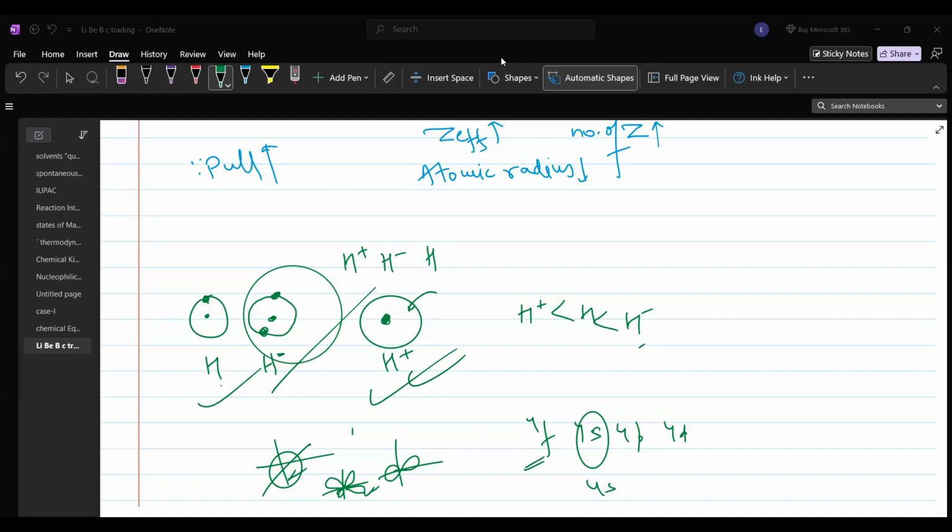The most important thing which I have taught you is Z effective. You have to use that concept in the periodicity topic, because it will come frequently. Most of the periodic properties depend on that. And we will discuss then. There are a lot of questions, so you may first do the periodicity topic, then you can do that.